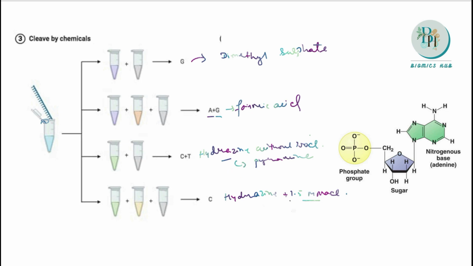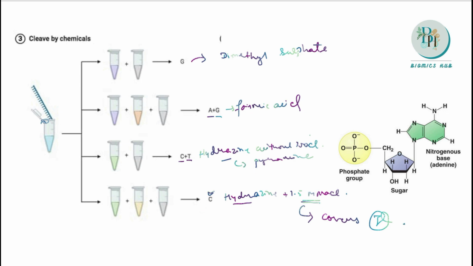Here we are using hydrazine as well as 1.5 molar NaCl. What this NaCl does is cover the thymine base, so now it cannot work on thymine. It will only work on cytosine. Without NaCl it was working on cytosine as well as thymine, but whenever we add the NaCl, it will work on cytosine.